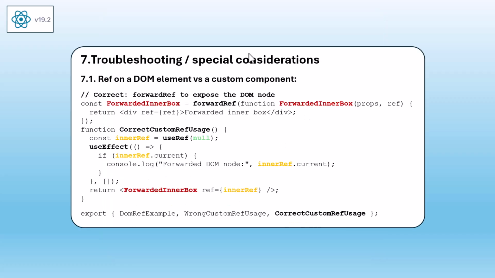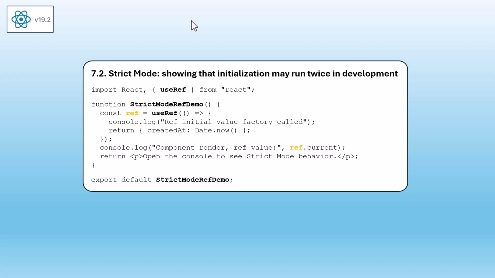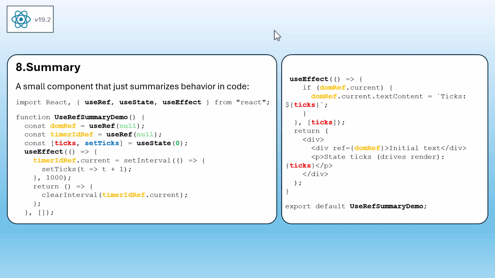In those cases you either need to explicitly forward the ref or expose the needed API via props. Also note, in React strict mode during development, the component function may be called more than once for detecting impurities. This means you might see the ref object created twice, but one instance will be discarded. This is a development-only effect and does not affect production behavior.